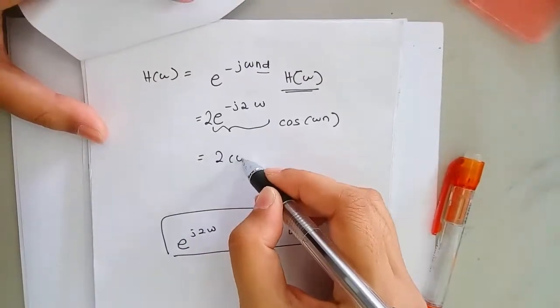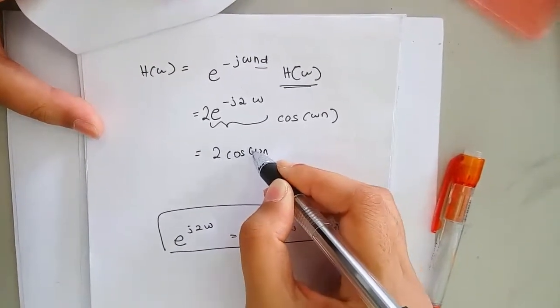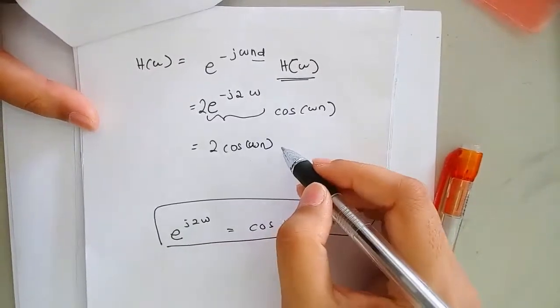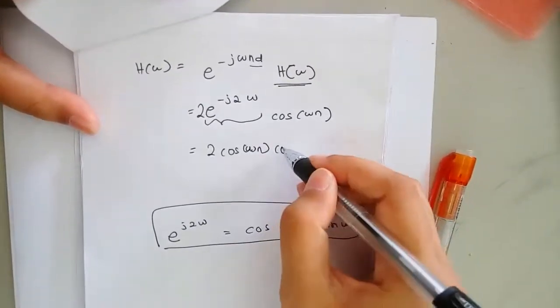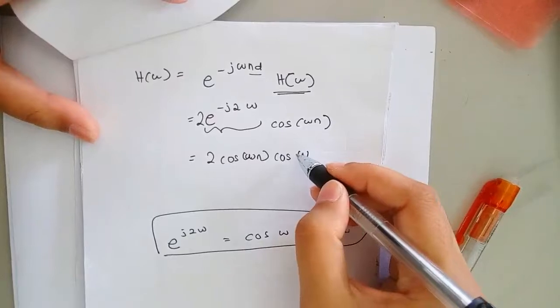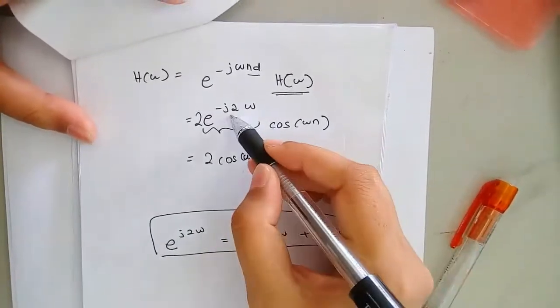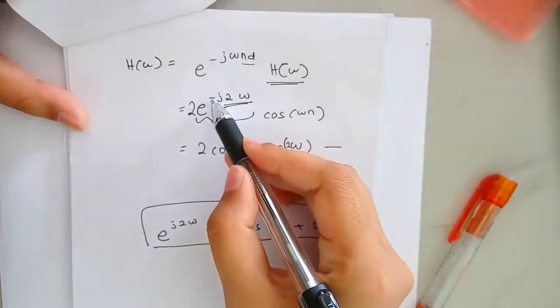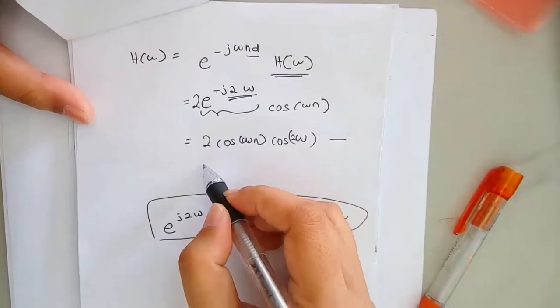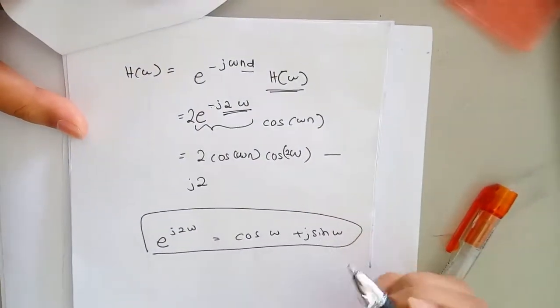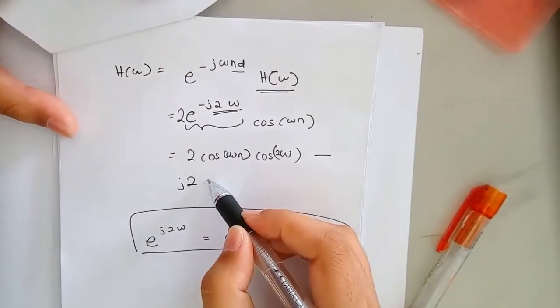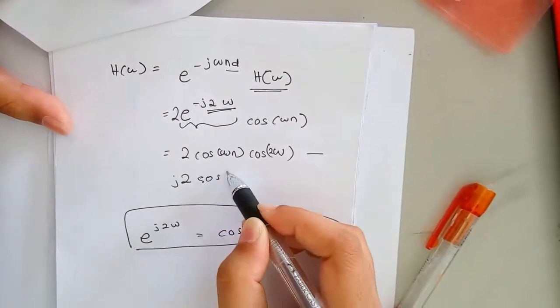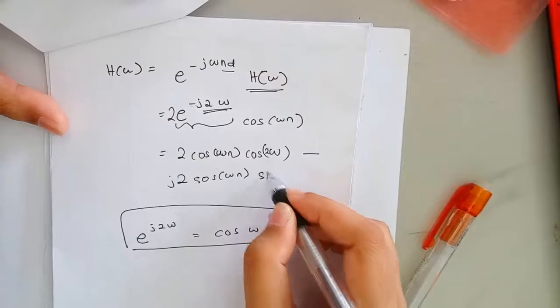We get 2 cos 2 omega times cos 2 omega, minus j 2 cos 2 omega sine 2 omega.